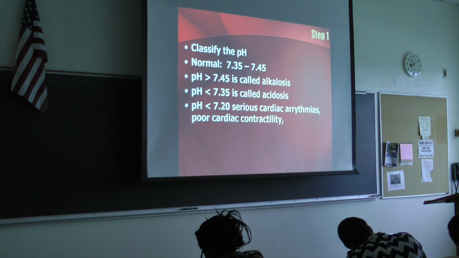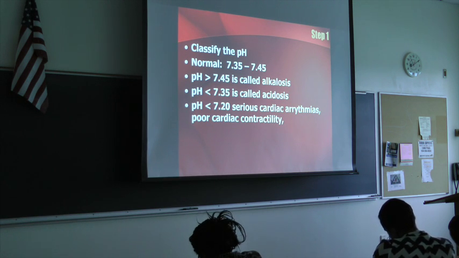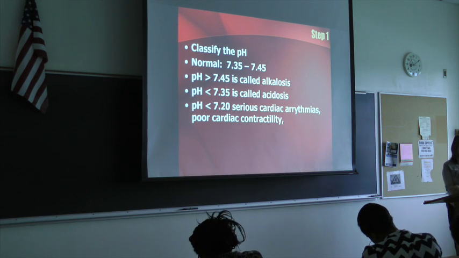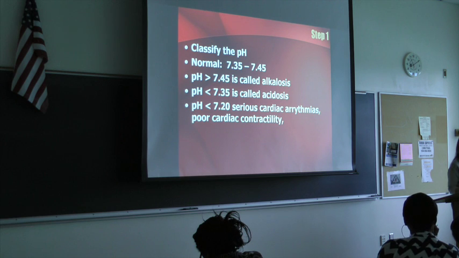Number 3, PaO2, from the artery, so little a. Number 4, HCO3 minus, bicarbonate. And number 5, base excess. All right, there are other values that print out, but these are the 5 that we're focusing on now.